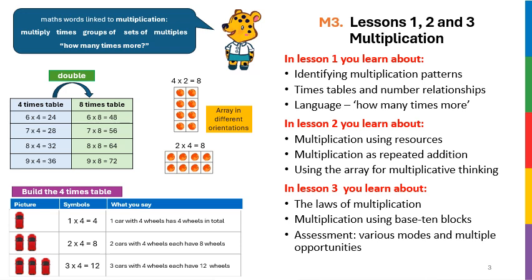I then show them how to write what we've spoken about using a multiplication number sentence, like 4 times 2 is equal to 8. And I'll tell them that we like to write the number of rows first, and then we write the number of columns.